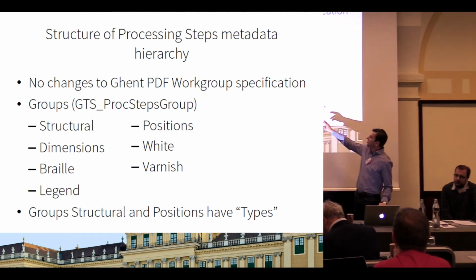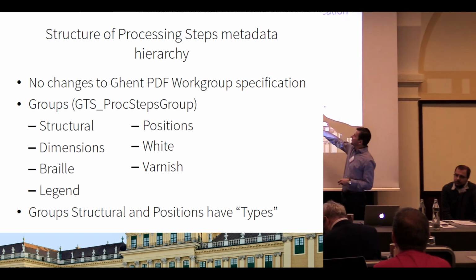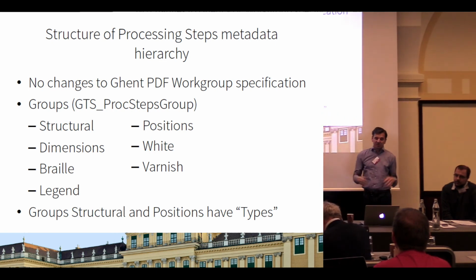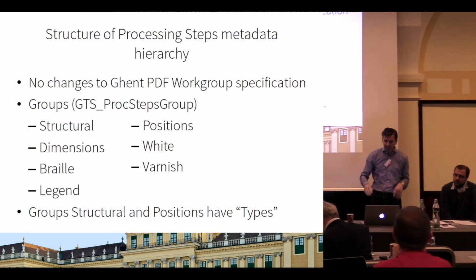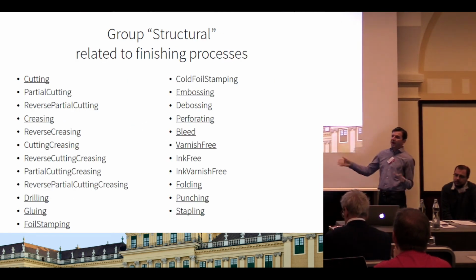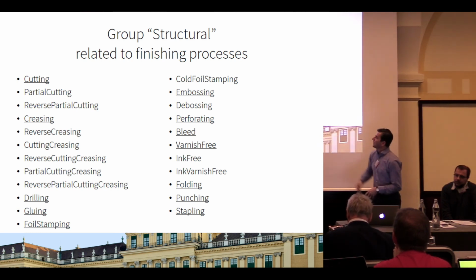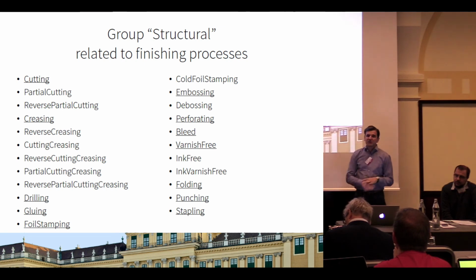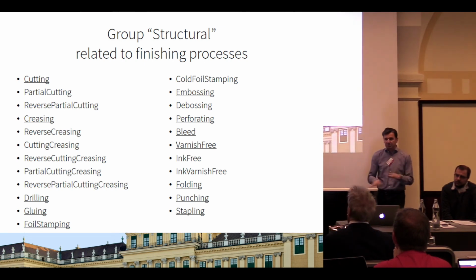And 2 of these groups have, if you want, subgroups or what is called types. So they have more structure below the group name. And the by far most complex one is structural, which has, I think, 23 different types. So all the other ones are much easier.